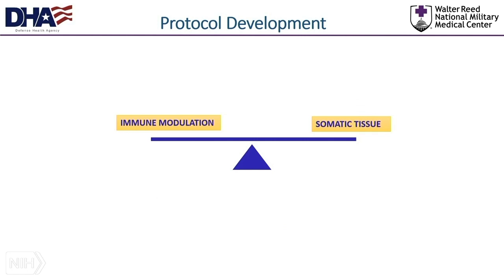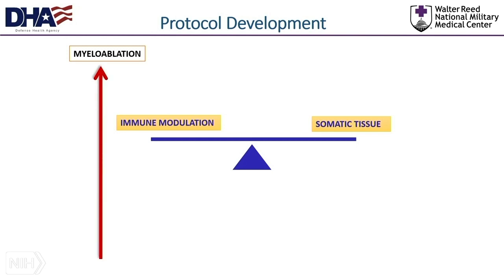So this brings us to the protocol development as discussed. And to me, immune modulation and somatic tissue is a different important arm in the protocol development. And as you increase the immune modulation, when you give hematopoietic stem cells, you absolutely, of course, accomplish immune modulation.